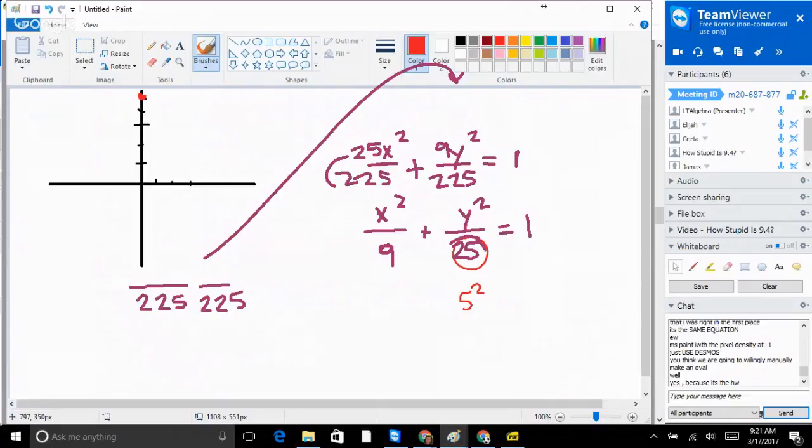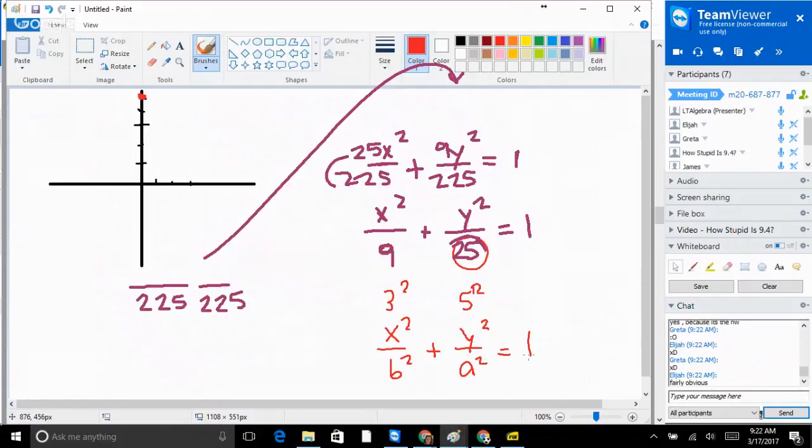Yeah, or because of the homework, right? And 9 is 3 squared. So if you look at the equation, it's x squared over b squared plus y squared over a squared equals 1. So that means that my a is 5, so it's going to be at 0, 5, and my b is 3.